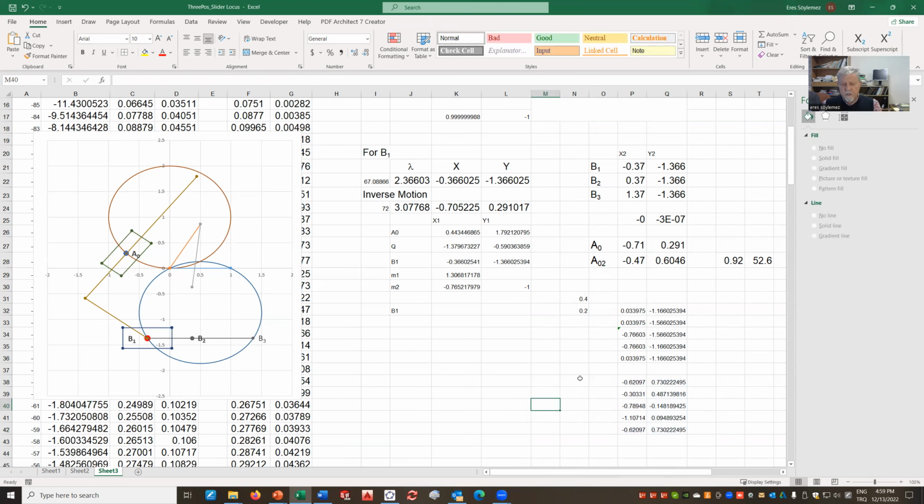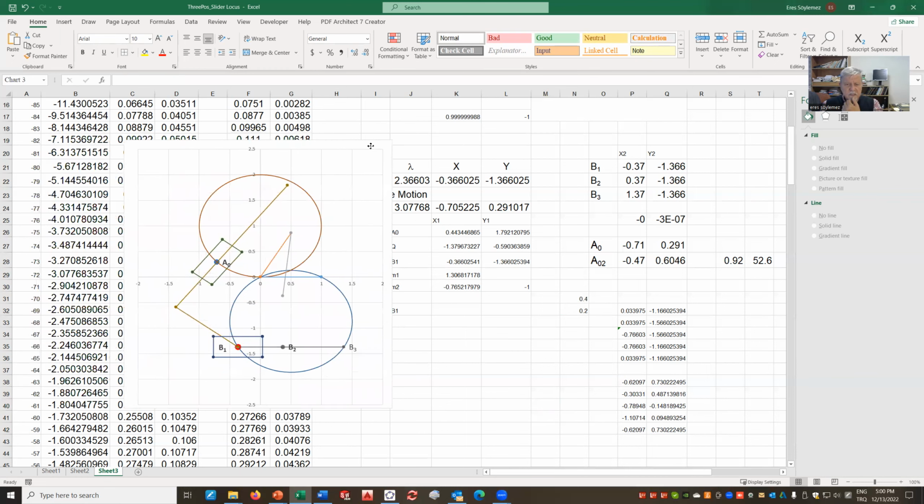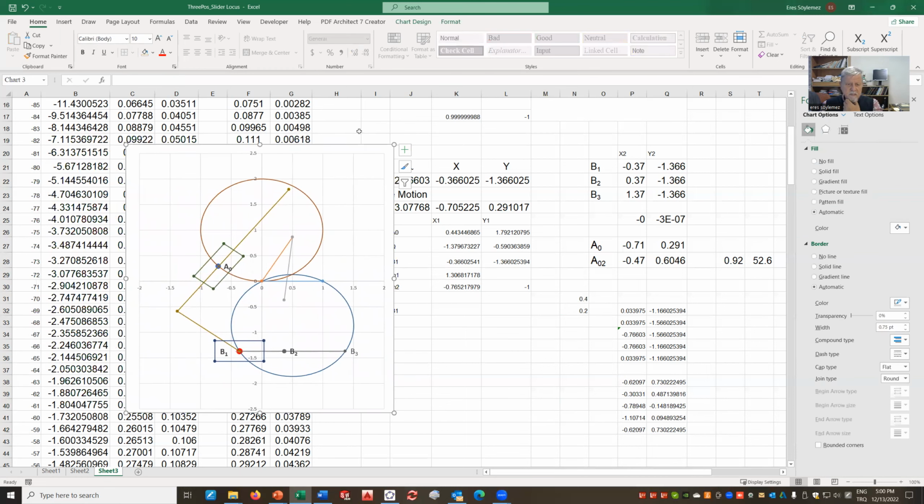This is the first position of the mechanism. Once you obtain all the coordinates, you can animate this mechanism. I'm not going to, the video will be too long. That's why I'm not going to animate, but it can be animated. The Excel file that I'll show will have the animation. As you can see, we have designed this 4-bar.